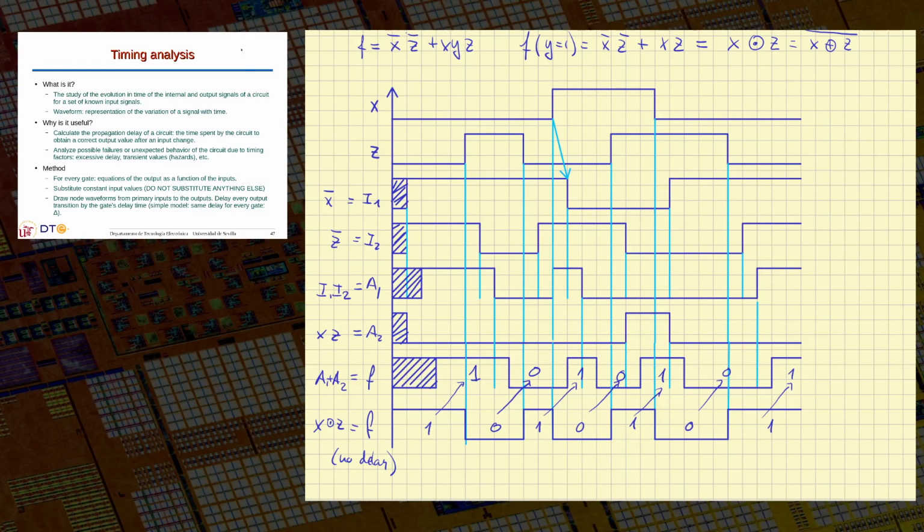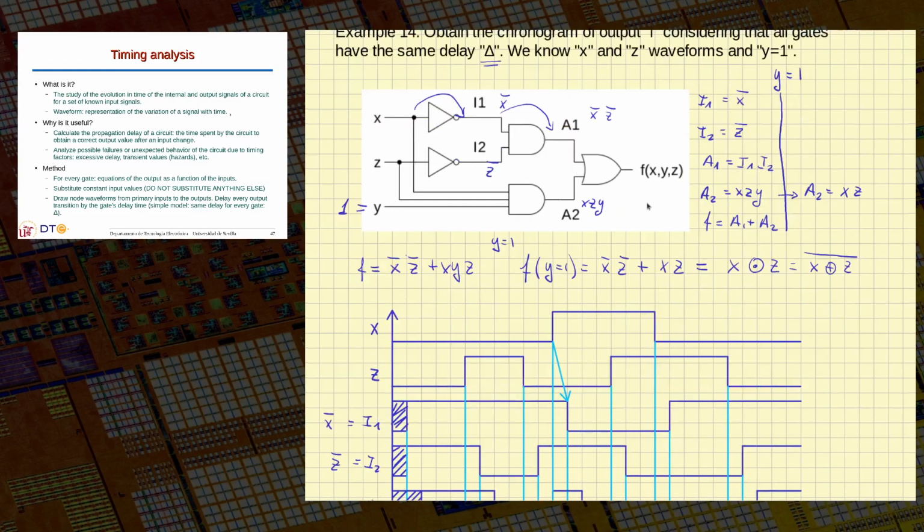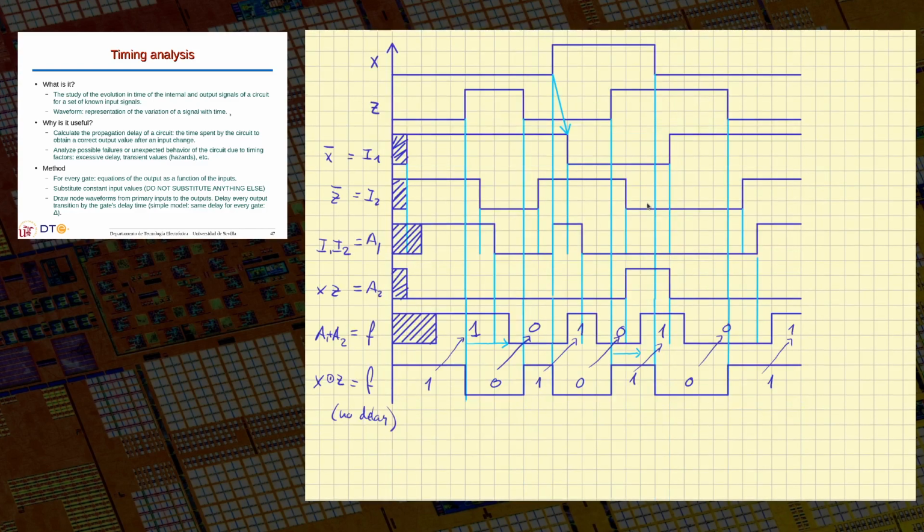Sometimes the delay can be as long as 3 delta here, and sometimes the delay is a bit smaller, like here. From here to here, the delay is only 2 delta because some changes in the input affect the output through 3 gates, while other changes affect it through only 1-2 gates. Okay, we may expect different delays, but the result is correct, only that it's delayed with respect to the ideal result.